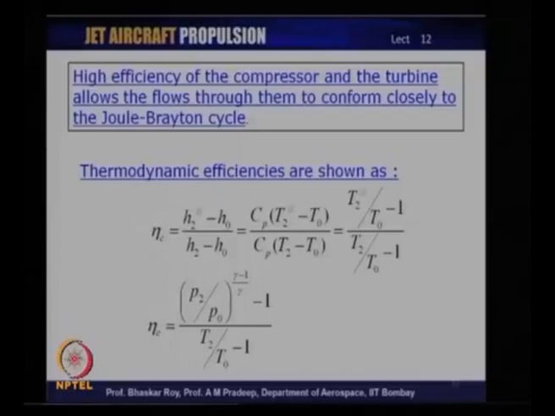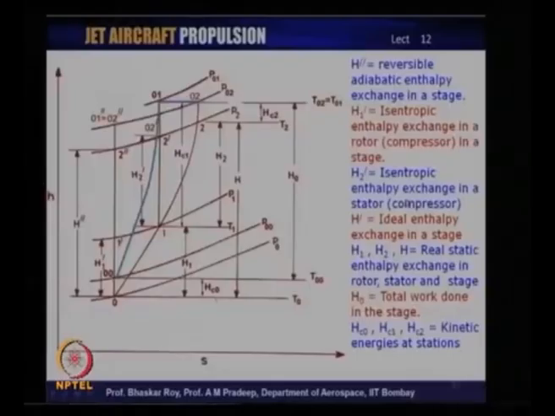Now, to understand this definition a little, let us take a look at the thermodynamic depiction of the compression process, and this time I have put an HS diagram, which is the enthalpy entropy diagram, very similar to the TS diagram that we had looked at. And what is shown here, of course, are the various works that have been done.